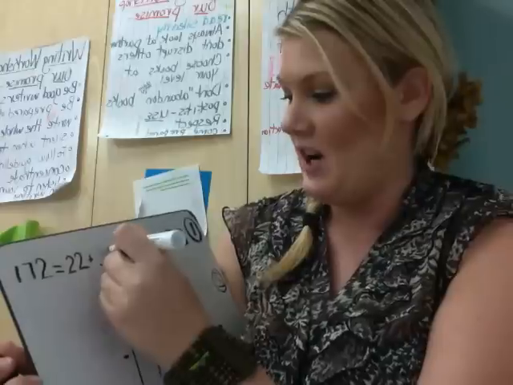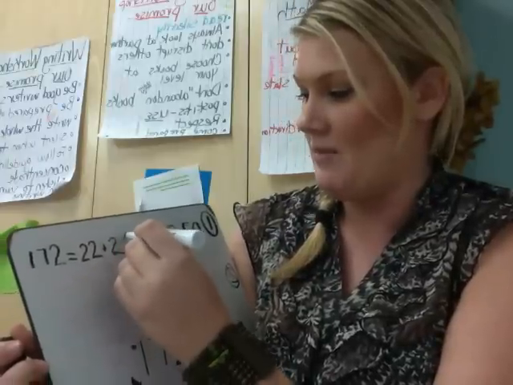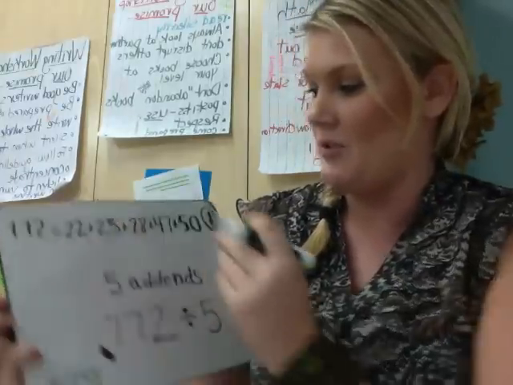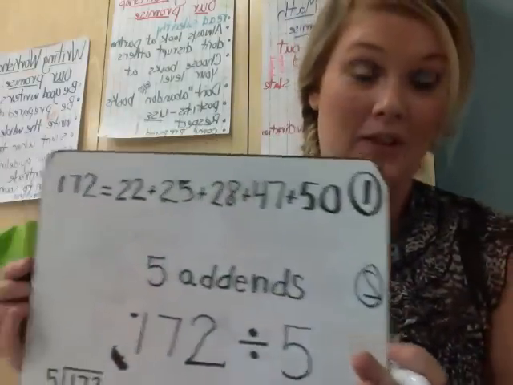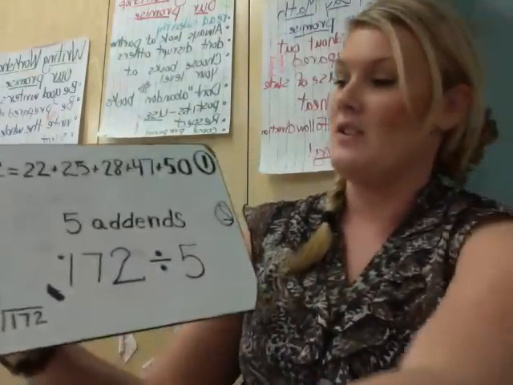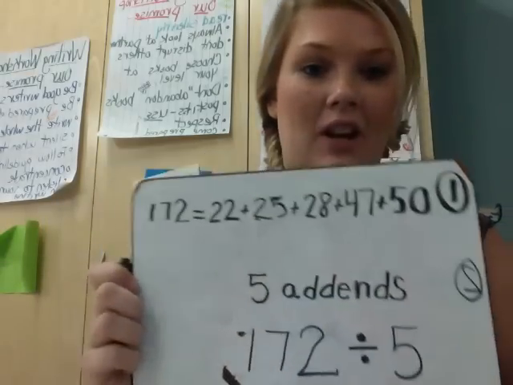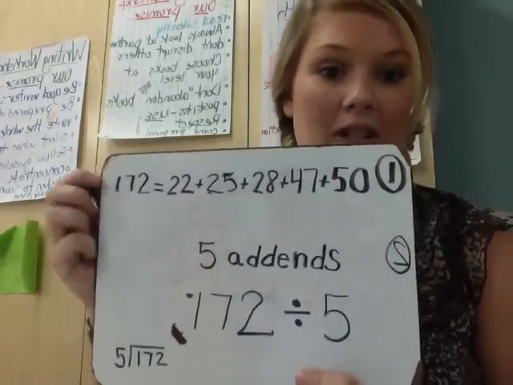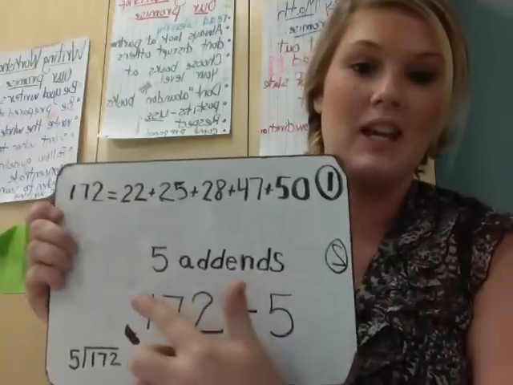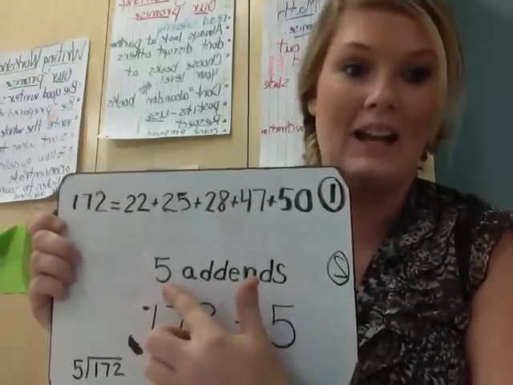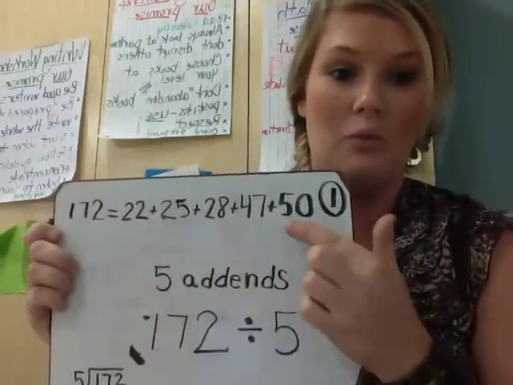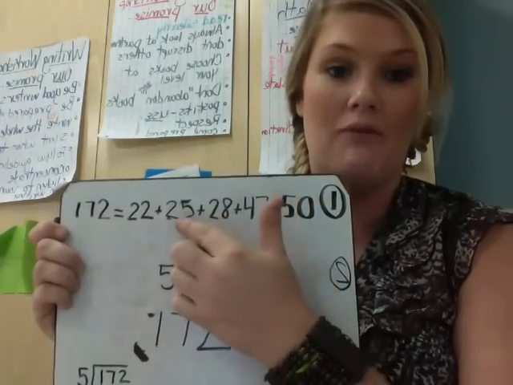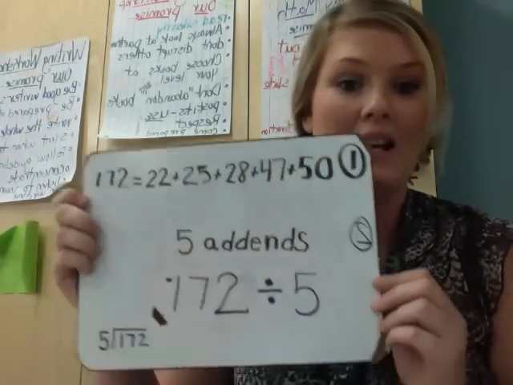Okay, so we better make that our 25 because I am not 52 years old. Okay, so we added all these together, and I added them together, and we got 172. That was our first step. Our second step is taking it and dividing it by the add-ins. We had 5 add-ins. 1, 2, 3, 4, 5. So we divided it by 5.